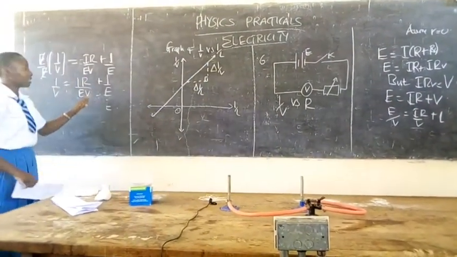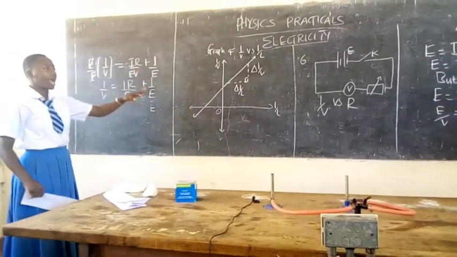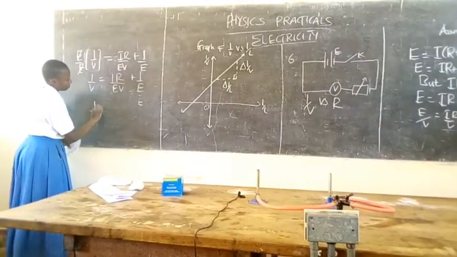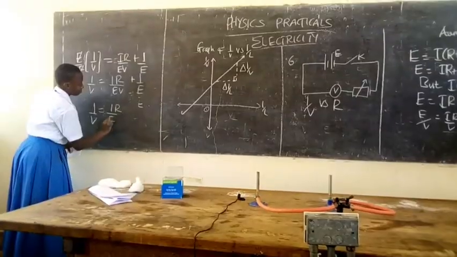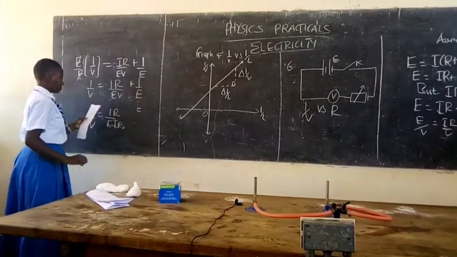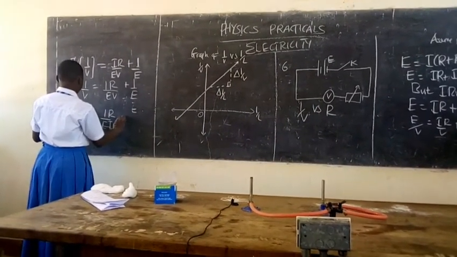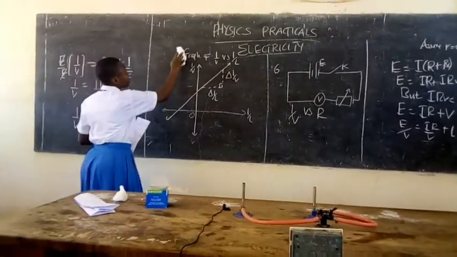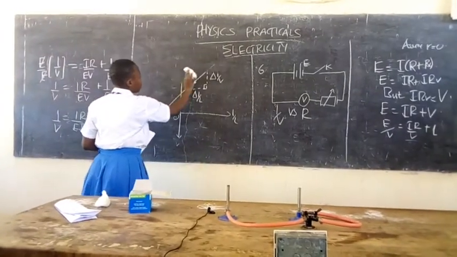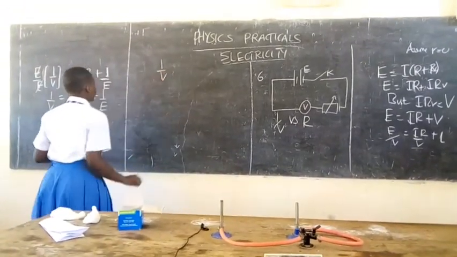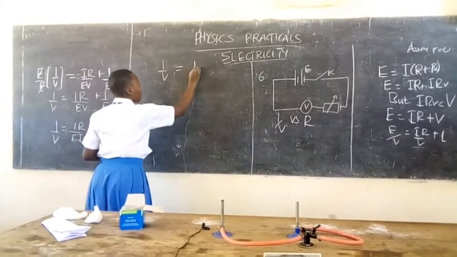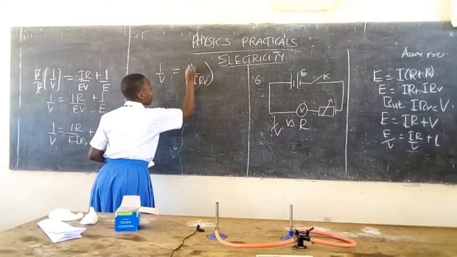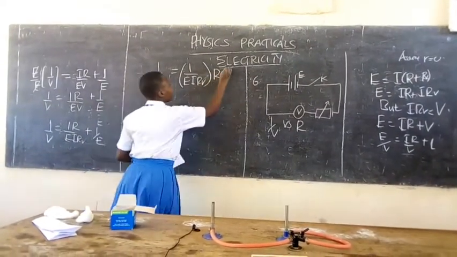So instead of writing V, we write I RV, whereby I is current and RV is the resistance of the voltmeter. It equals 1 over E I RV minus R plus 1.